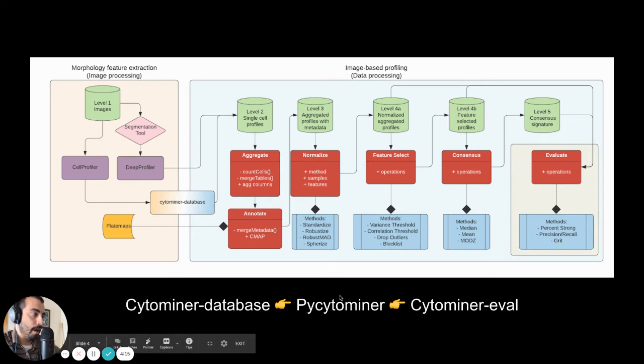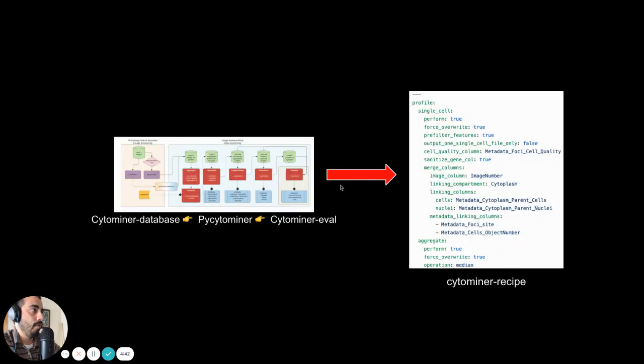The output of PyCytominer are these various intermediate data types, which can be used in various ways. And most recently, we've developed a tool called Cytominer eval to very quickly evaluate the quality of the resulting profiles. And so this framework is really nice because we can anticipate improvements to the pipeline, and we can implement some of these improvements in this existing framework.